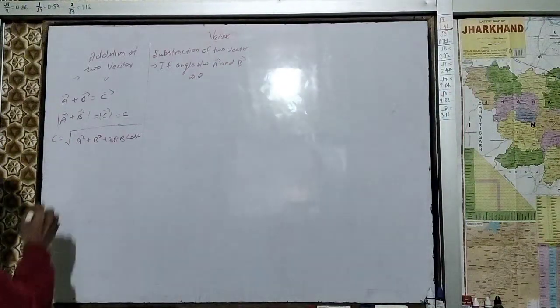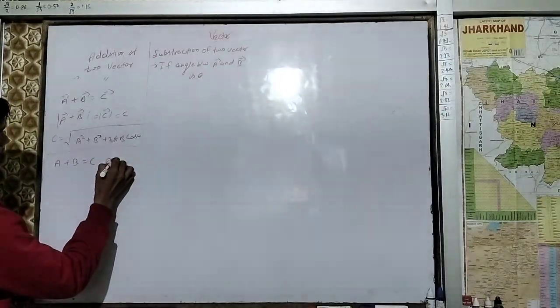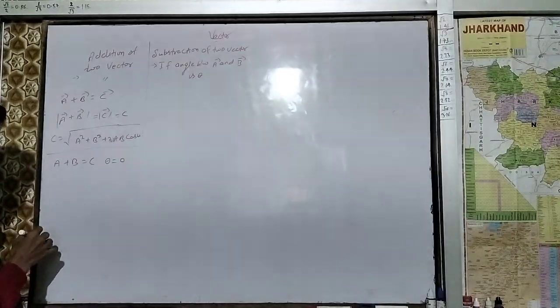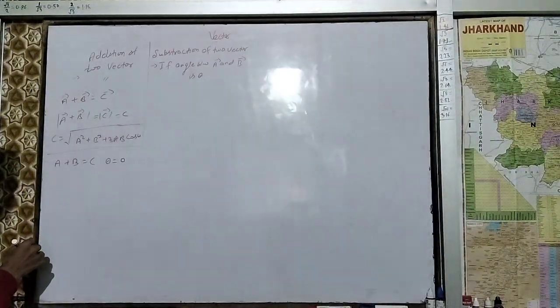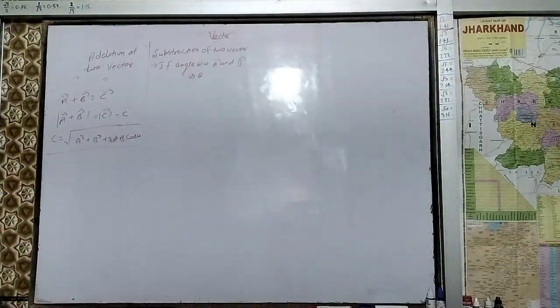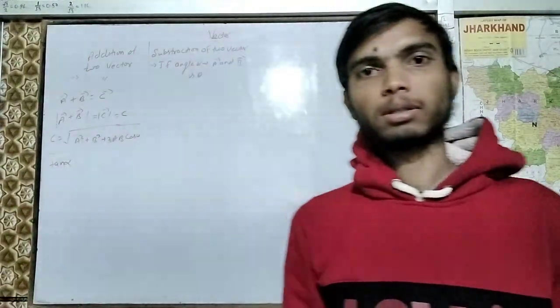We also said that this a plus b will be equal to c when theta is 0. We have discussed this. And we saw the angle which is made by the resultant vector and a given vector.